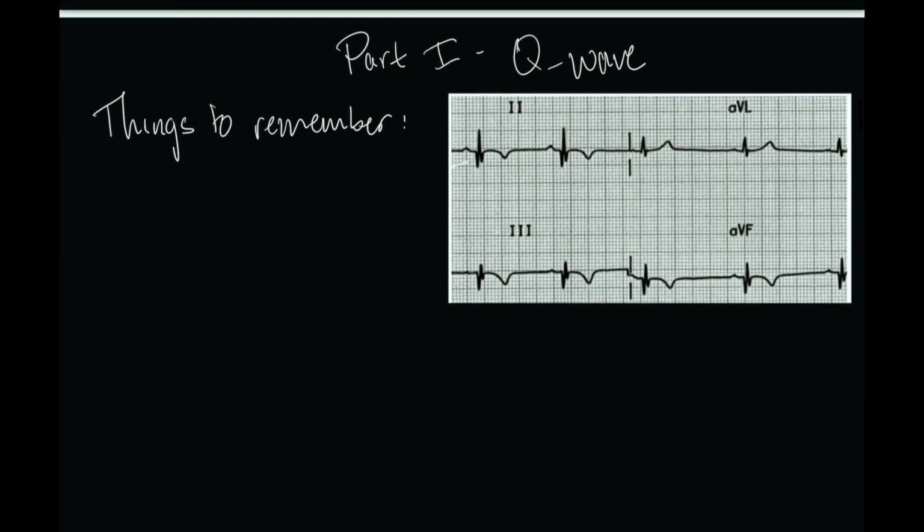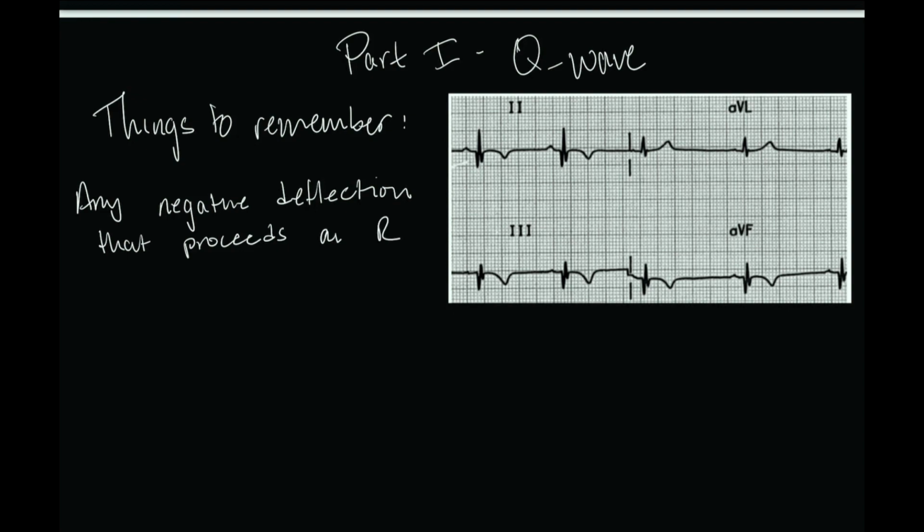The second thing we want to look at is the Q wave. Now the Q wave is a little subjective. The Q wave is any negative deflection that precedes an R wave.